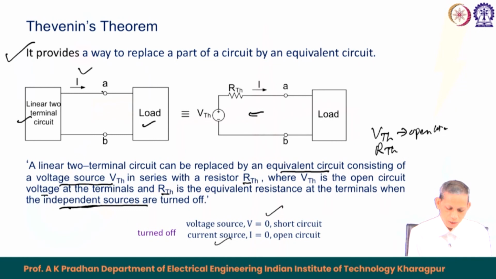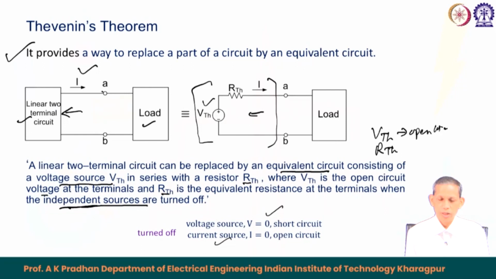So, if this is the circuit and you would like the equivalent of this portion from A to B on the left hand side, and this is your load, say a resistance, then the equivalence will look like this as per Thevenin's theorem: VTH the open circuit voltage and RTH the equivalent resistance seen from terminals A and B. So, the circuit becomes this source, this resistance and the load you are concerned with.